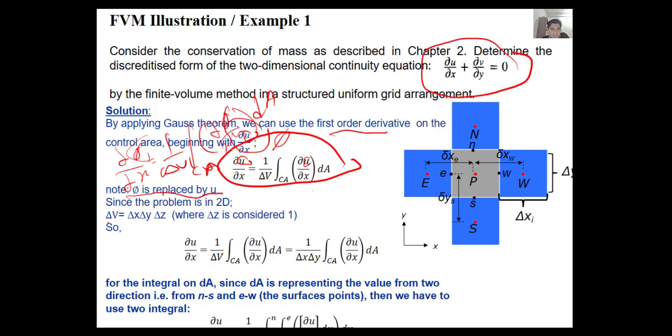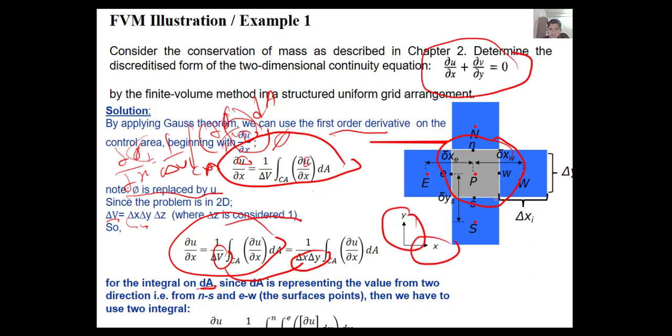Delta V, as I mentioned earlier, can be considered delta x times delta y only, and z we consider as 1. So whenever you put all of them together, you replace delta V with this one. And this is important: for the integral on the area of this nodal, dA represents the value from two directions. What does two directions mean? It means from the x direction and from the y direction. So for the x direction, what nodes are involved?